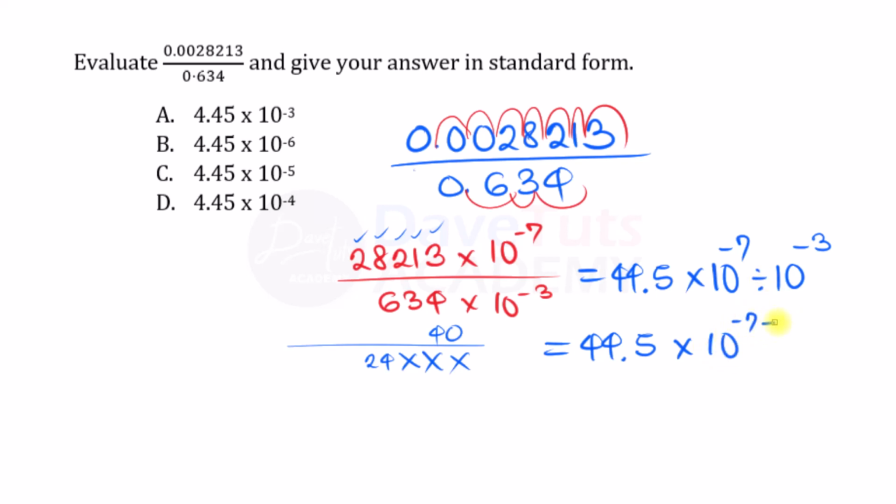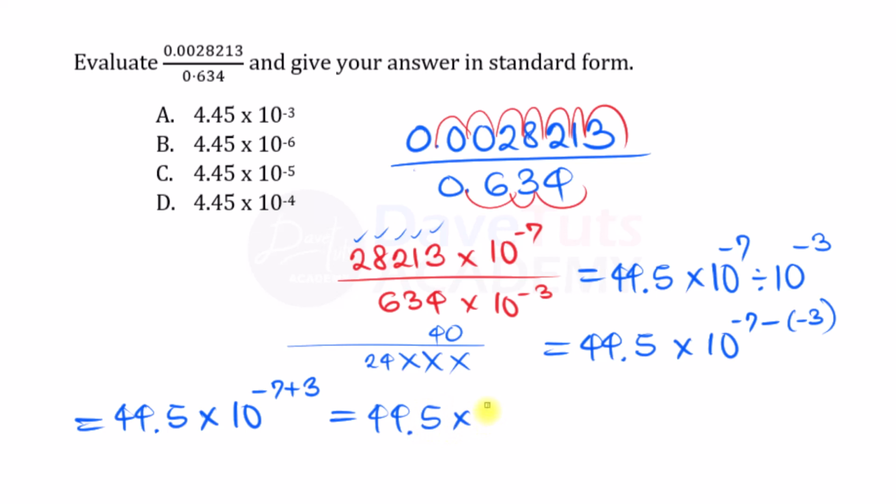Division will turn to minus, and then we have this minus 3. Okay, of course, minus 7 minus minus 3 is going to be minus 7 plus 3, which is going to be minus 4. So that means I'm having 44.5 times 10 raised to power minus 7 plus 3, which is 44.5 times 10 raised to power minus 4.